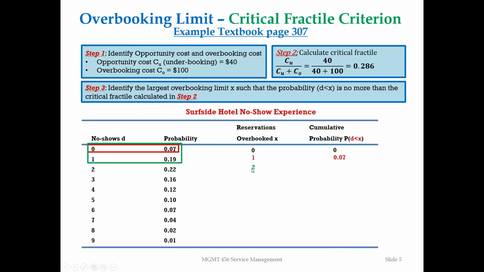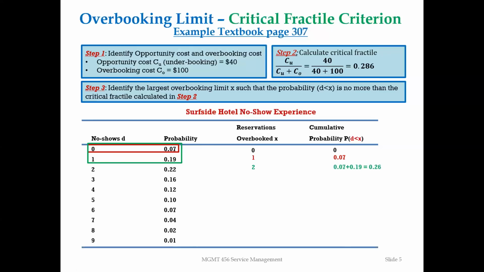So what is the cumulative probability for these 2 situations? The total probability is 0.07 plus 0.19, which is 0.26.